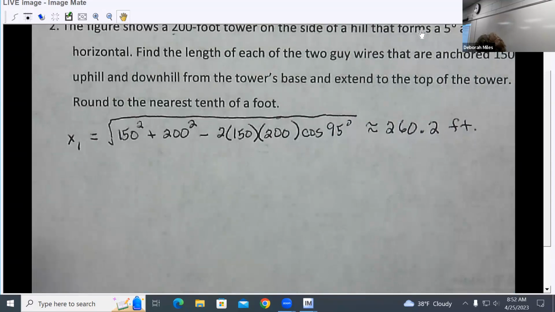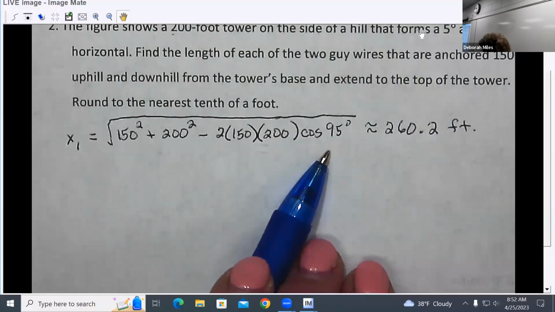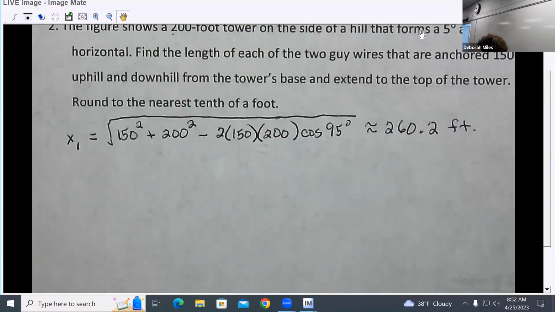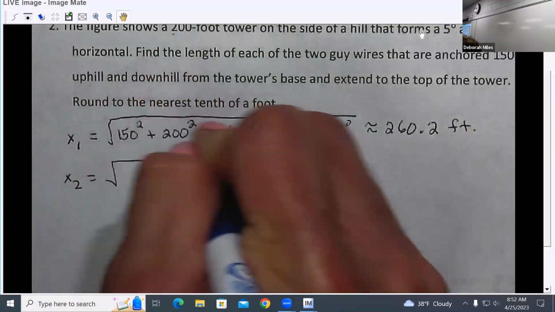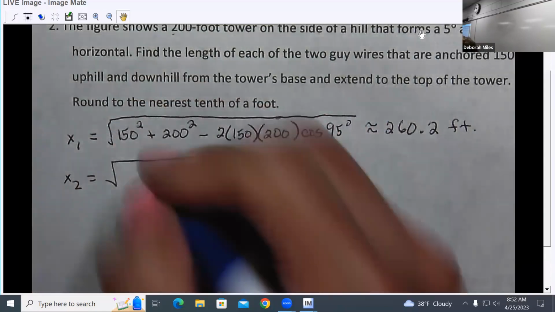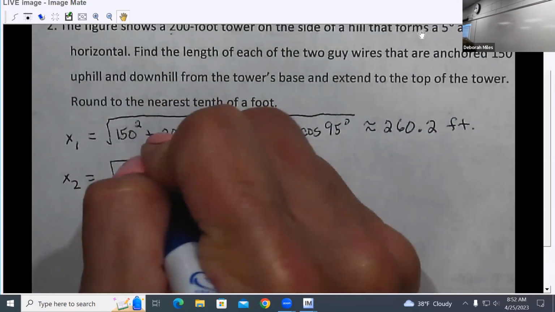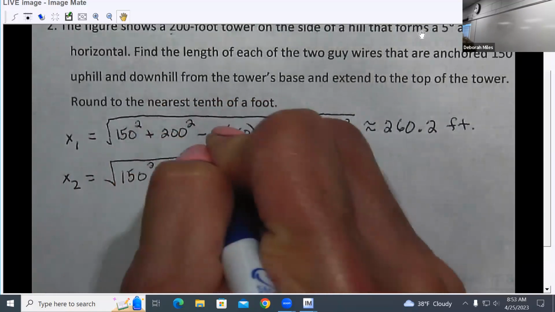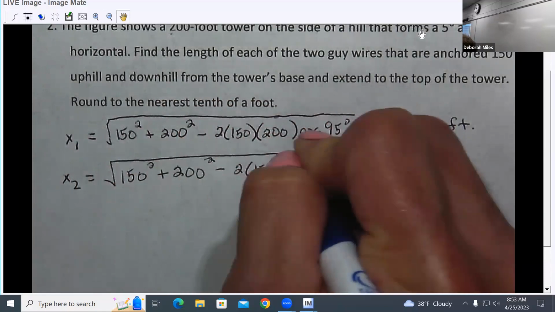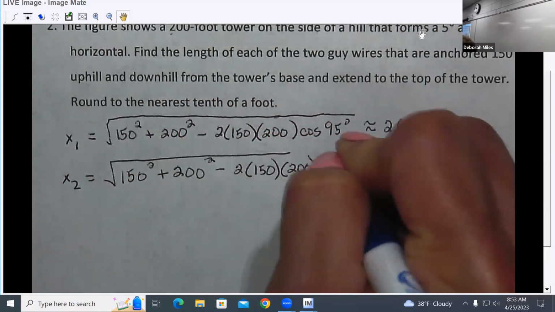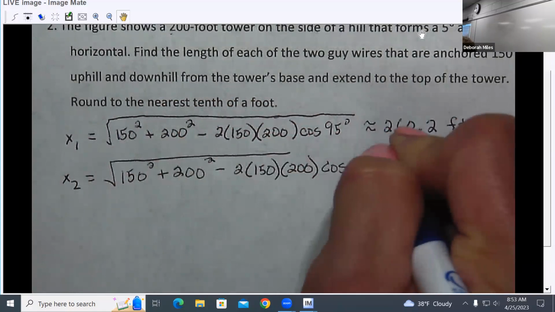X2 is gonna be the same thing except for cosine of 95 degrees. On the right-hand side, we have cosine of 85 degrees. X2 is gonna be the square root of 150 squared plus 200 squared minus 2 times 150 times 200 times the cosine of 85 degrees.